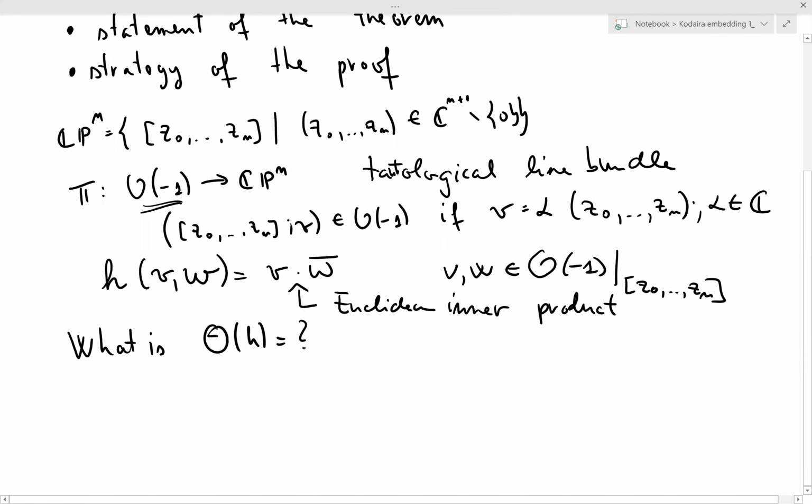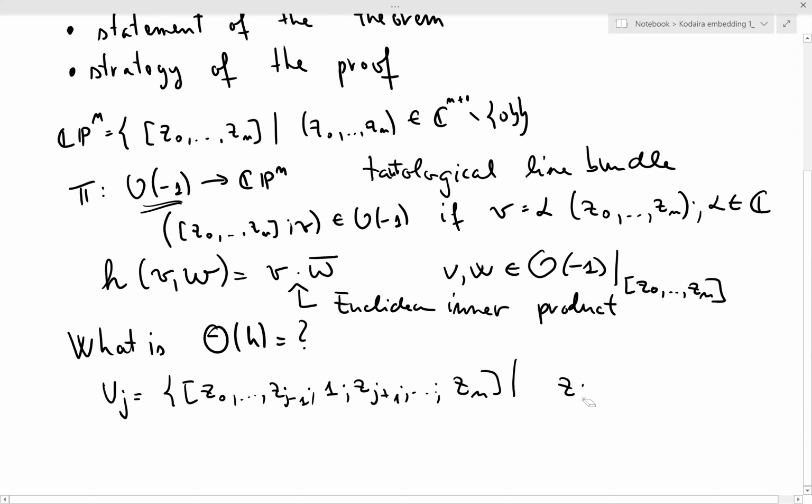Well, I need to take a trivialization of the tautological line bundle. Thankfully, the tautological line bundle can be trivialized over the canonical cover of projective space. Those are the U_j's, the directions where you take one in the j-th coordinate and whatever you want in the other directions.